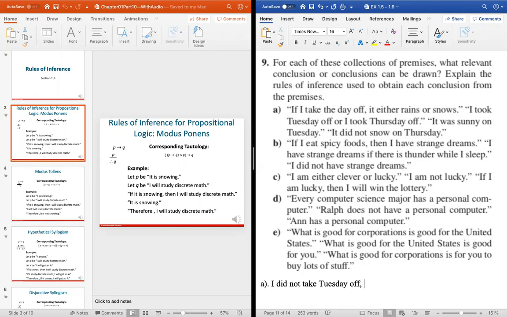This is one conclusion. The other conclusion that we can draw from here is that I took Thursday off, because on Thursday it did not snow. But it could possibly have rained on Thursday, so this is another possible conclusion. Yes, makes sense. And then the other one could be that it rained on Thursday.